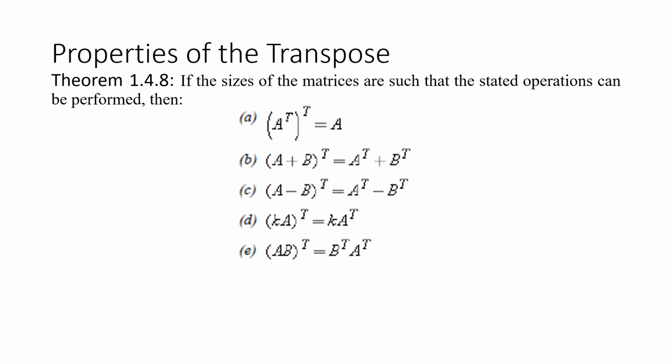Theorem 1.4.8: if the sizes of the matrices are such that the stated operations can be performed, then the transpose of the transpose of A is equal to A. The transpose of A plus B is equal to the transpose of A plus the transpose of B. The transpose of A minus B is equal to the transpose of A minus the transpose of B. The transpose of kA is equal to k times the transpose of A. And the transpose of AB is equal to the transpose of B times the transpose of A.